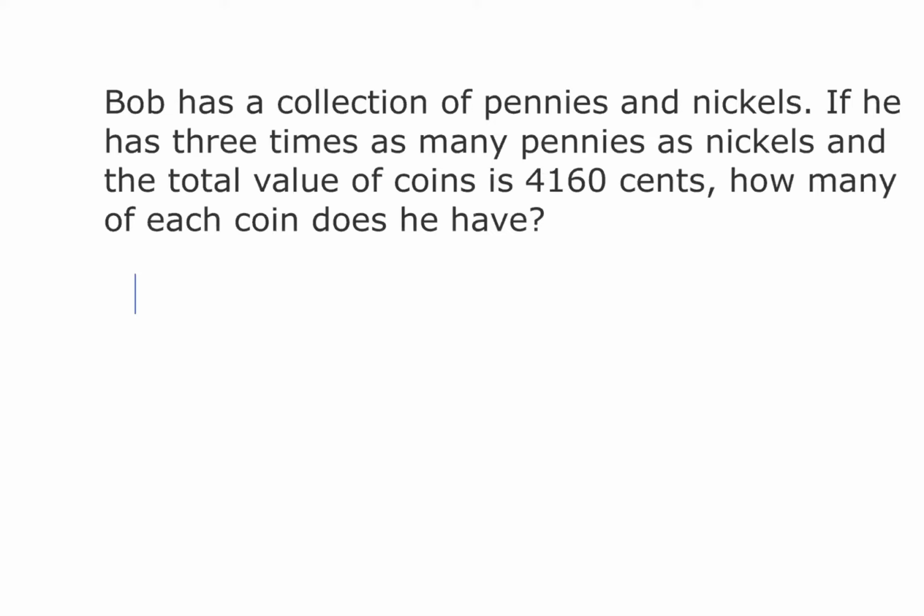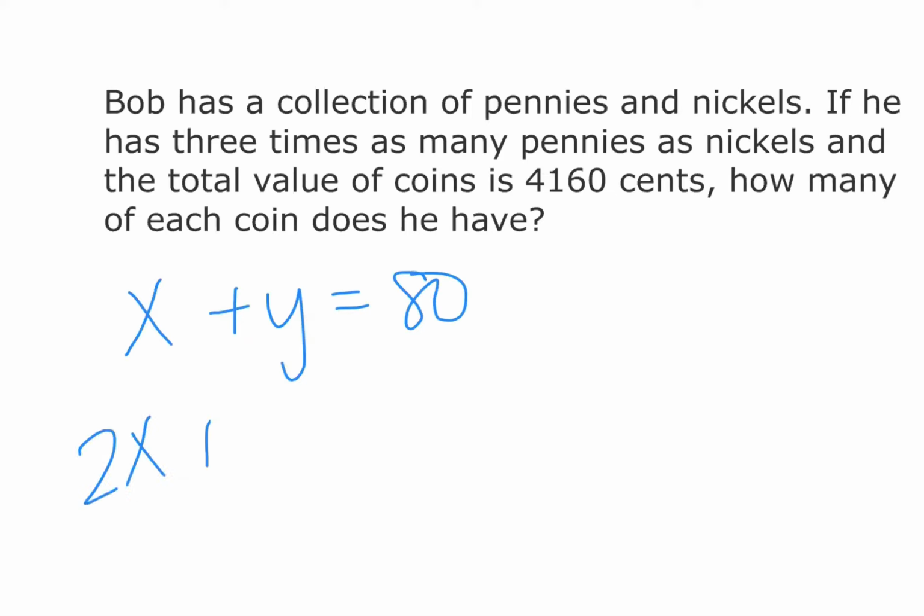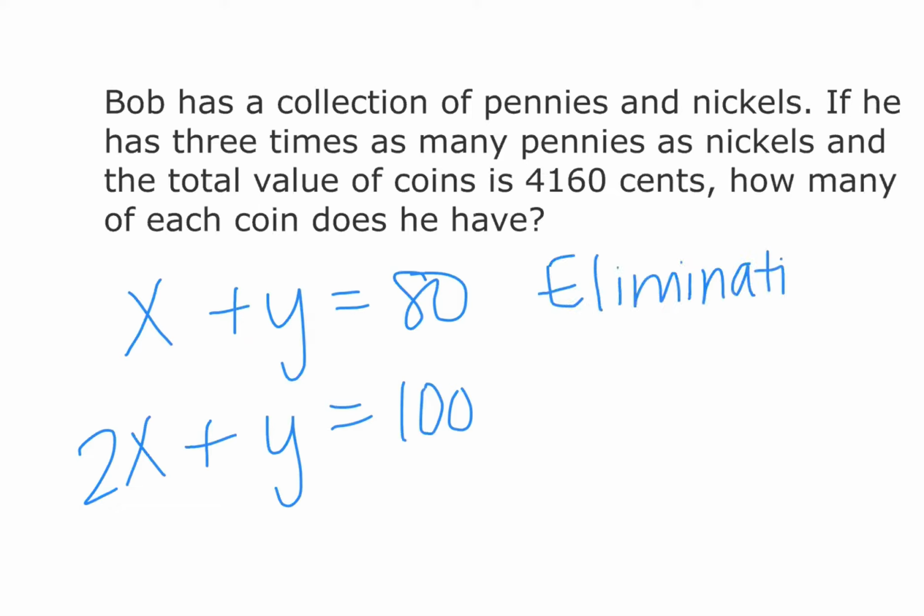So we have, oops, sorry, I keep forgetting to move it over to pen. Okay, we have x plus y equals 80 and 2x plus y equals 100. This is elimination. That's when we multiply one of the equations to make it cancel out something in the first one, okay?